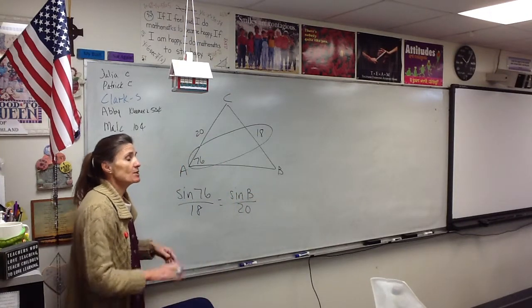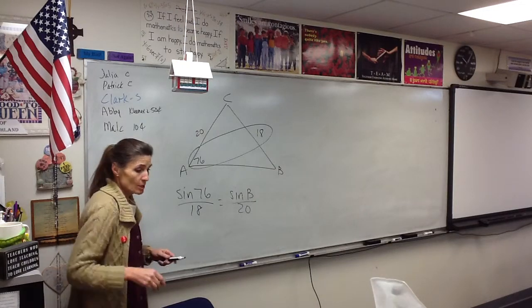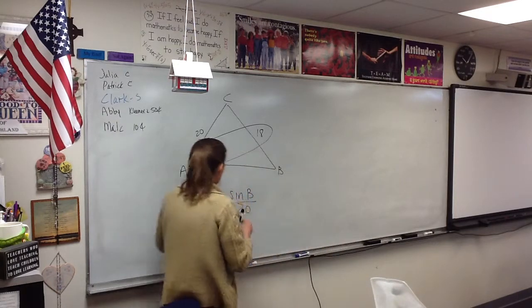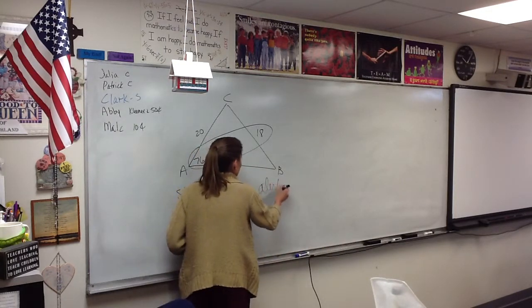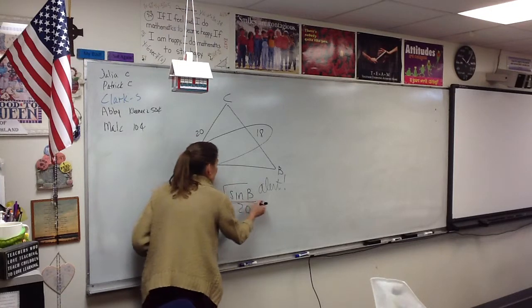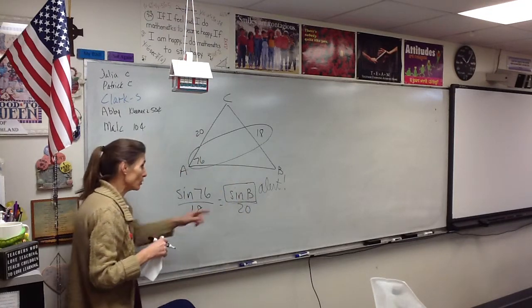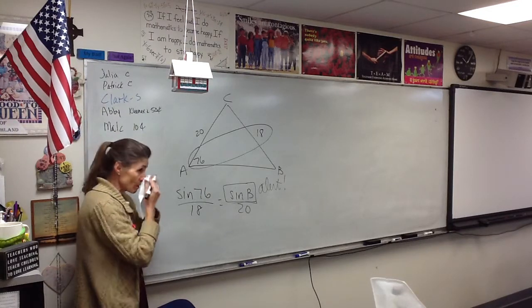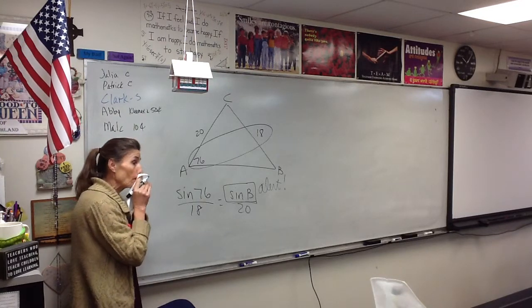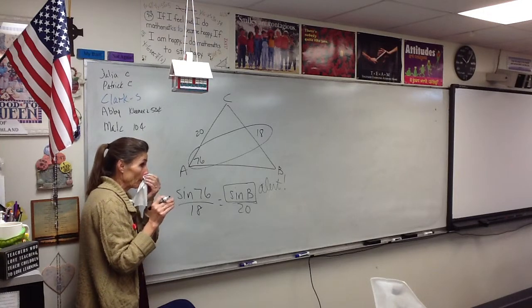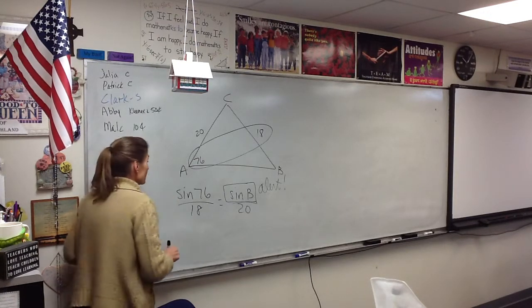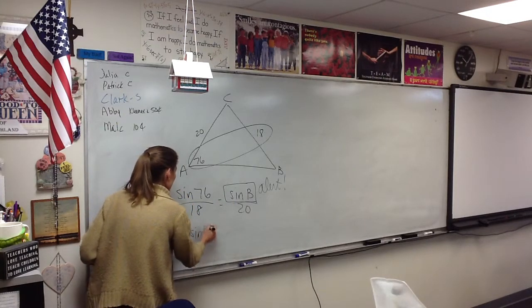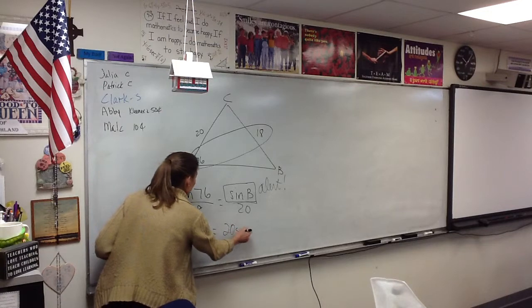Now, the minute you do that, you go on alert, because when you do the law of sines and your angle is the variable, this is where we have to worry about how many triangles we could have. All right, so we're going to cross multiply, so we have 18 sine B equals 20 sine 76.